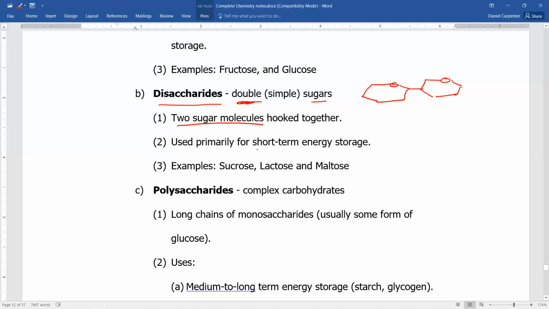These are used primarily for short-term energy storage. A little bit longer maybe, like maybe months instead of hours or days or weeks. I guess I'm not going to get really picky about short-term versus very short-term.